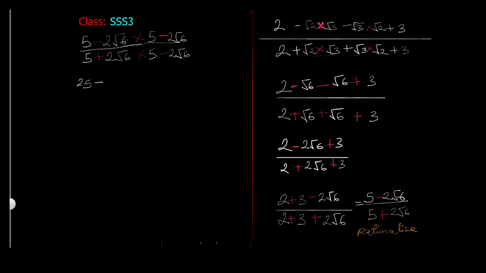What I'm saying is 5 times this 5 is 25. There are brackets here. So this 5 will multiply this 5, which is 25. This 5 will now multiply this other side, and that is minus.